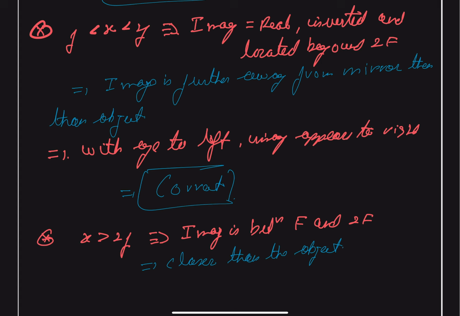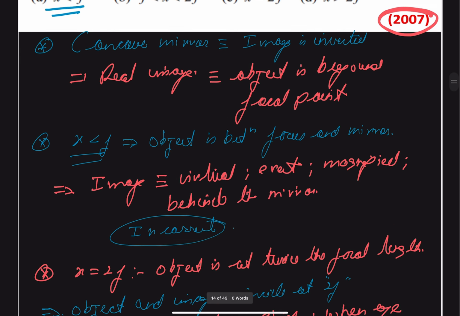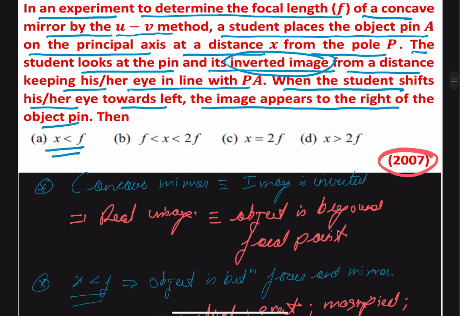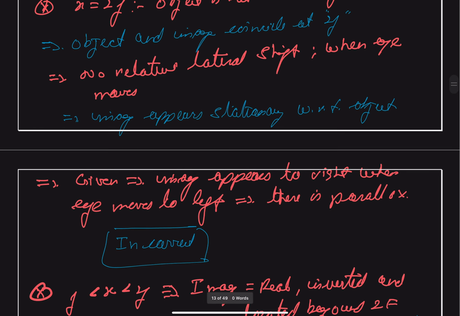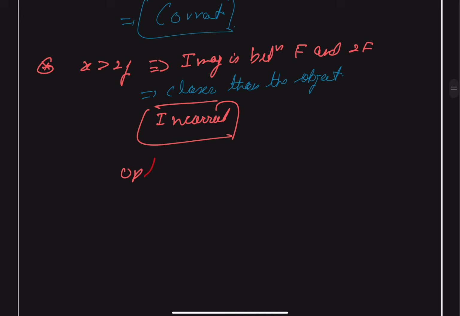And there will be no movement of the image as the eye shifts from left to right or right to left. So this option is also incorrect. So the only correct option is option B. Yeah, so option B is correct.